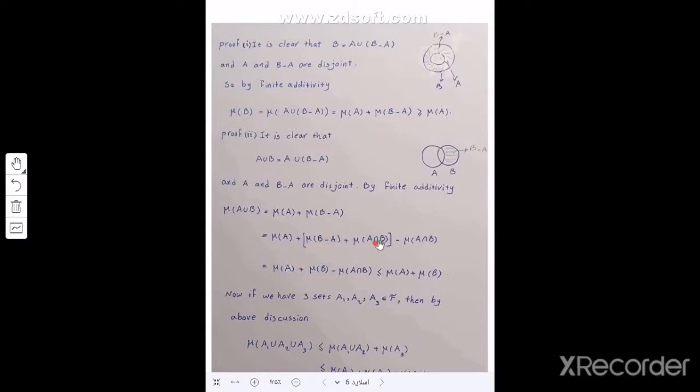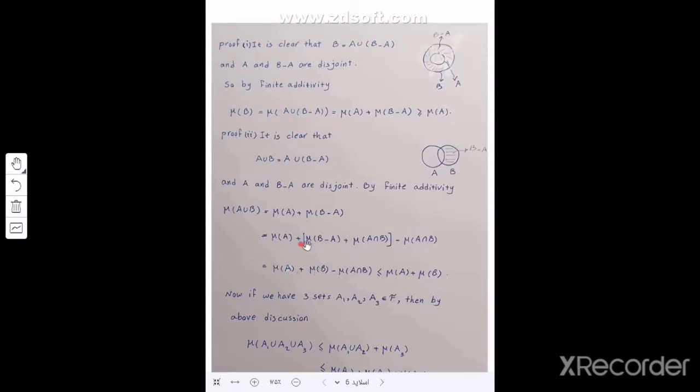This set and this set are disjoint, and the union of this set and this set is equal to B. So mu of B is equal to mu of B minus A plus mu of A intersection B by finite additivity.